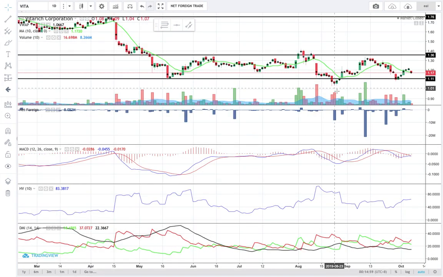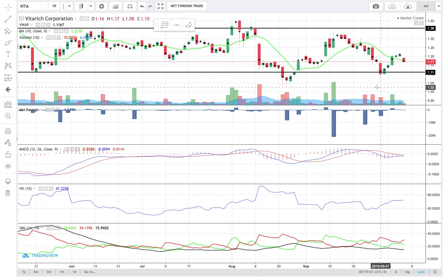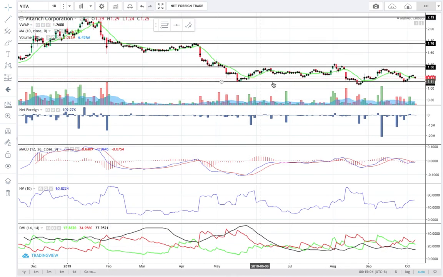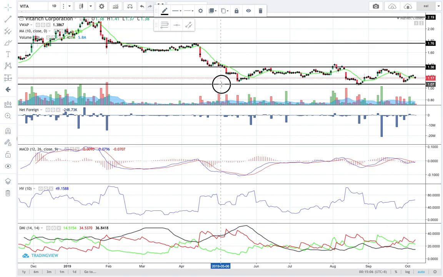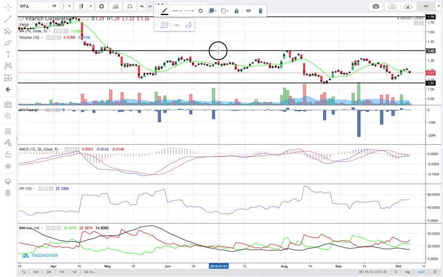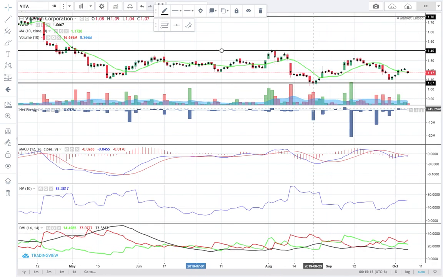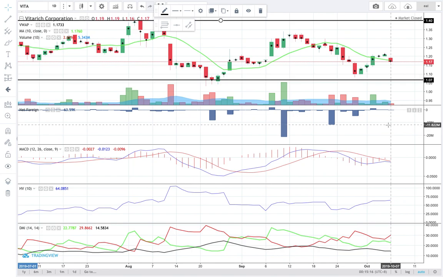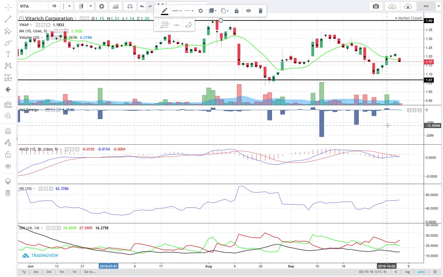Next, VITA. It closed today at 1.17. Let me adjust this. Support is near 1 peso per share. Resistance is near 1.4. The 10 MACD combo is invalid or bearish. The momentum power indicator is bearish also. Risk level is moderate.